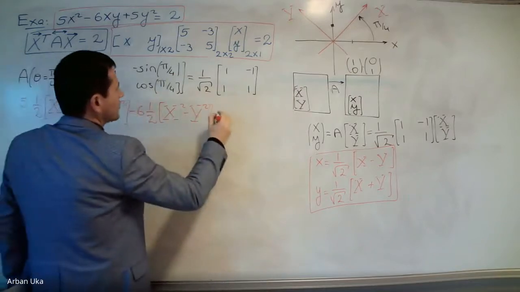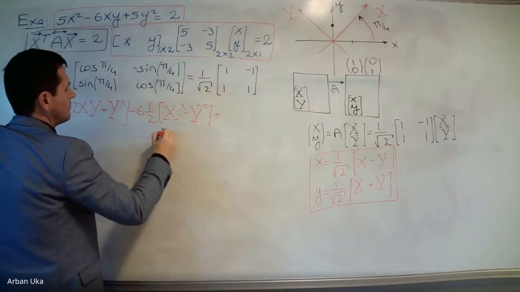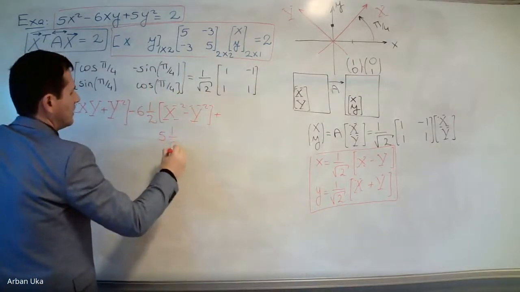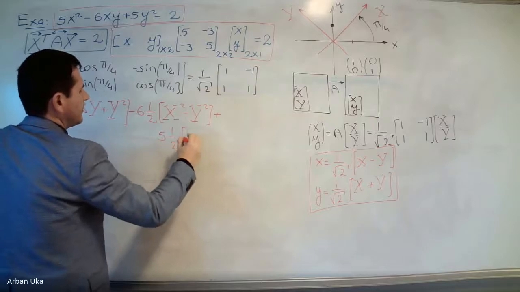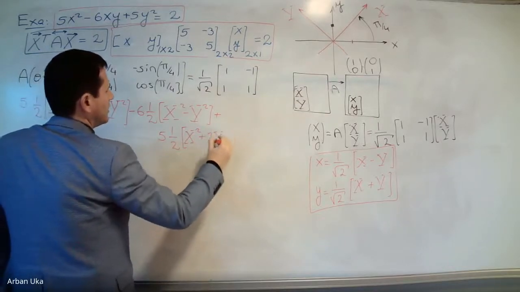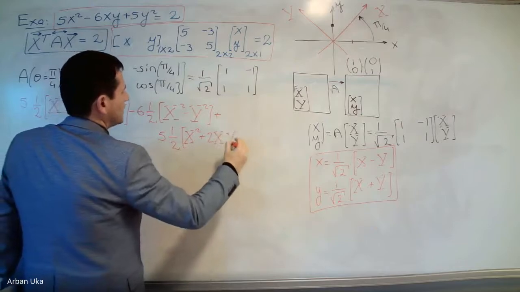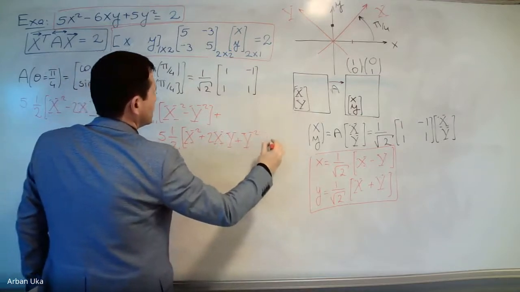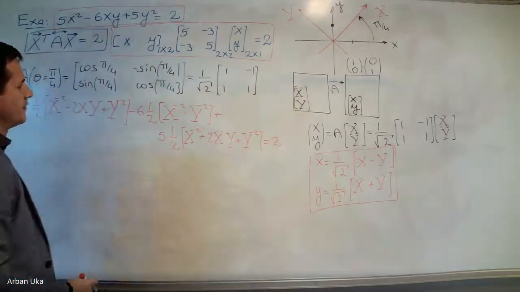Plus 5y squared, plus 5. What is y squared? It's 1 over 2 times (x squared plus 2xy plus y squared). This is equal to 2.